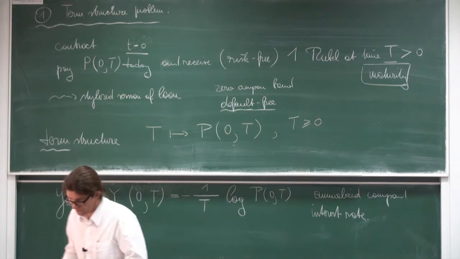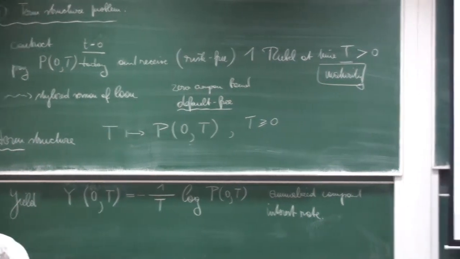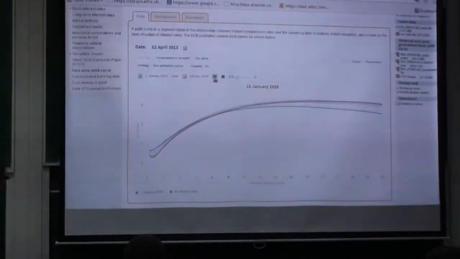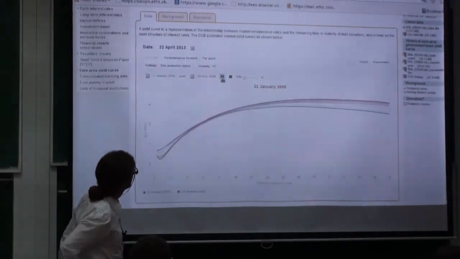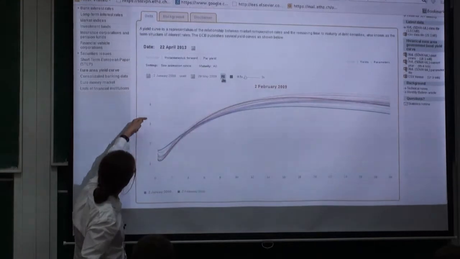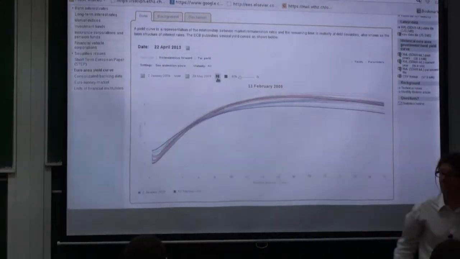And the picture sometimes says more than 1,000 words. Not sometimes. As a mathematician, we would rather say a formula says more than 1,000 words. But here it is a picture. So what is that picture? You see here a curve, and you see a running time January 2009. Here we have percent, and here we have time to maturity.